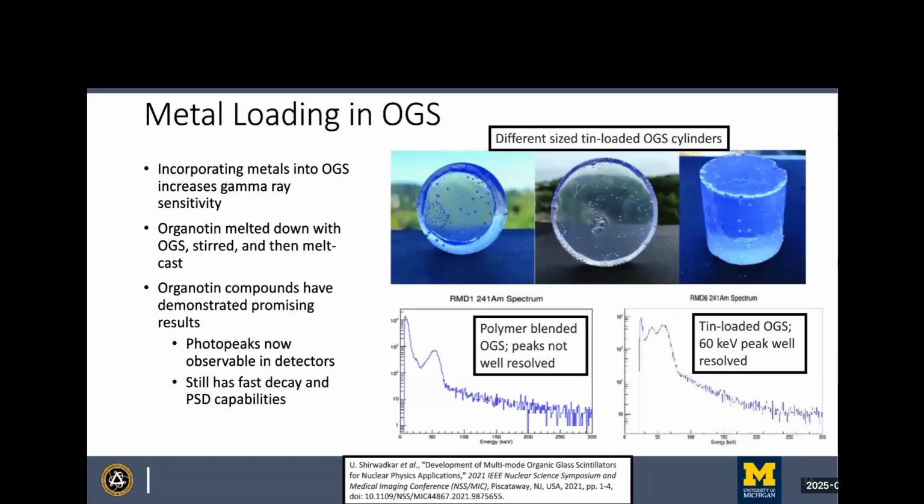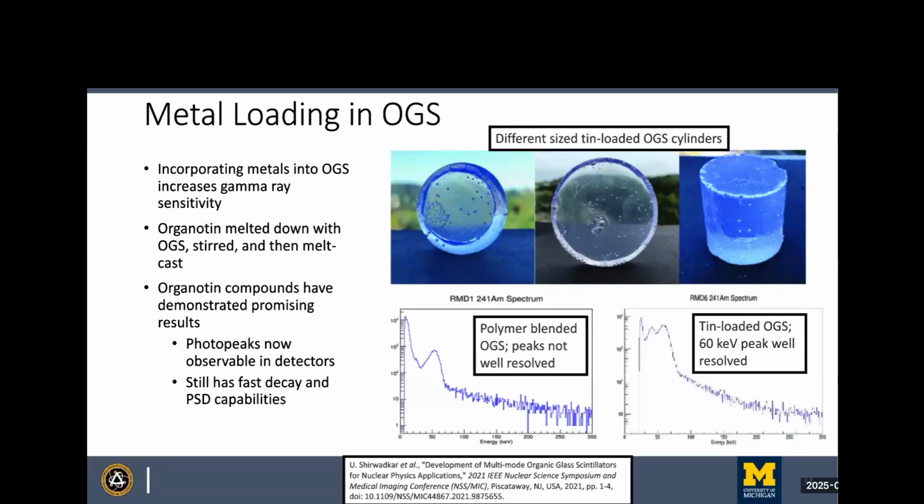More recently, we've also been investigating metal loading in organic glass scintillators. Incorporating metals into OGS increases their gamma ray sensitivity. Specifically, our group has been working with RMD on a tin-loaded organic glass mixture.